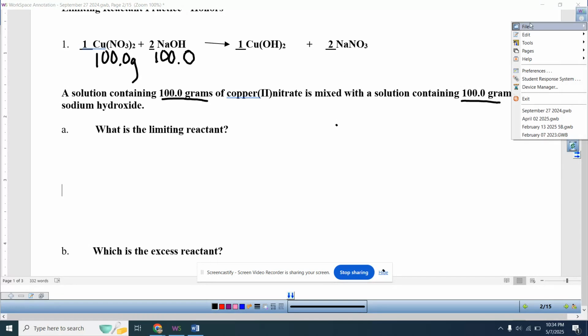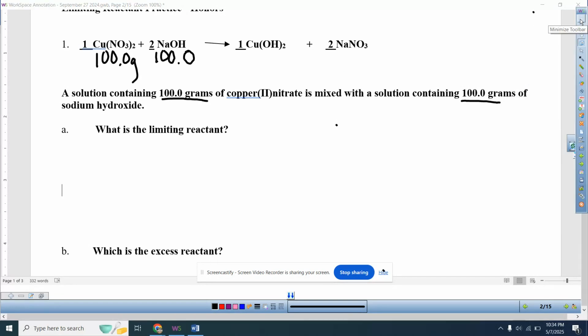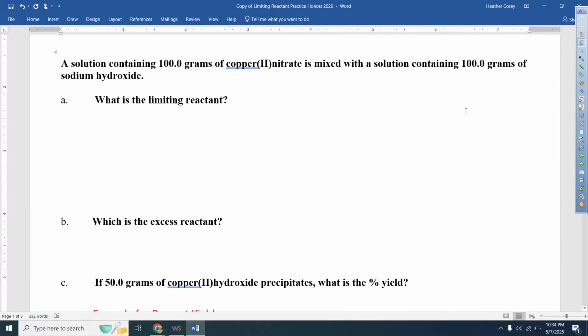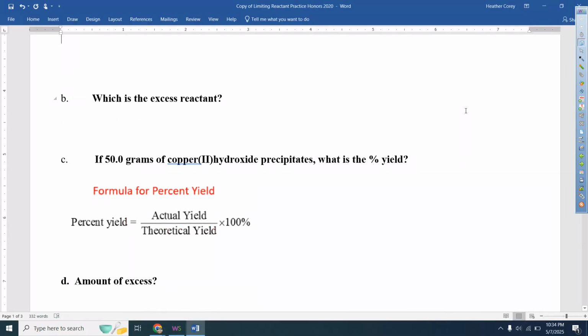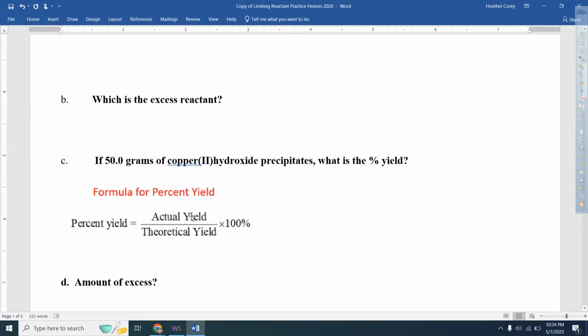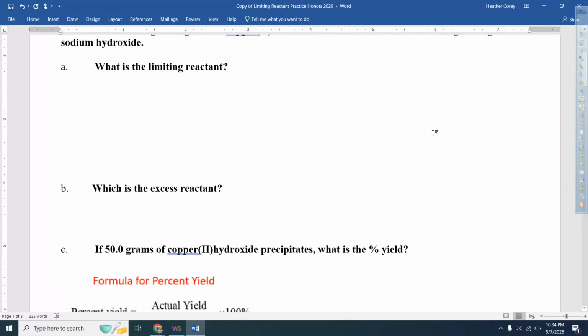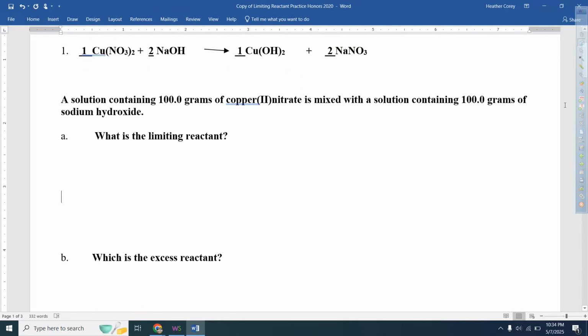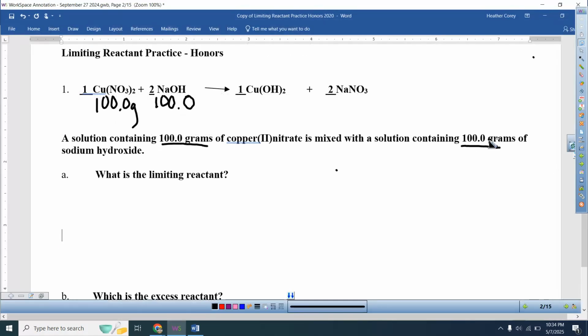If you scroll down on your paper to part C and D, in part C, you'll see that we're looking for the theoretical yield and percent yield of copper hydroxide. And so that means when we find our product, we're going to go to copper hydroxide.